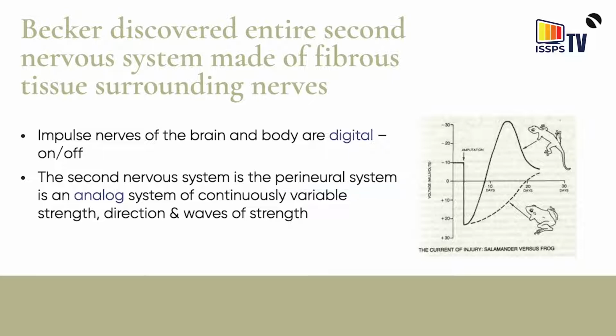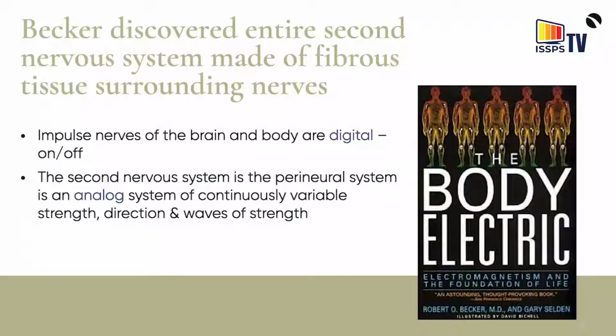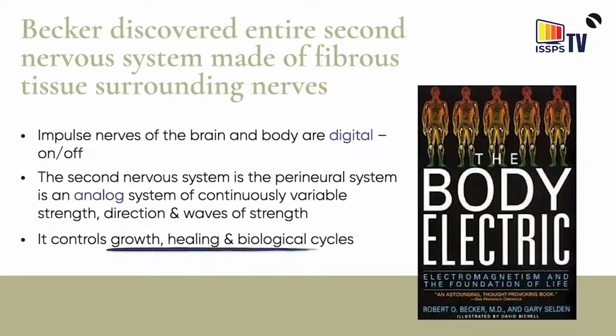And he showed that it is an analog system of continuously varying strength, direction, and waves of strength. But Becker unfortunately died in 1989 and could not show it definitively under a microscope. This book is a must-read, but he basically concluded that this second nervous system controls growth, healing, and biological cycles.